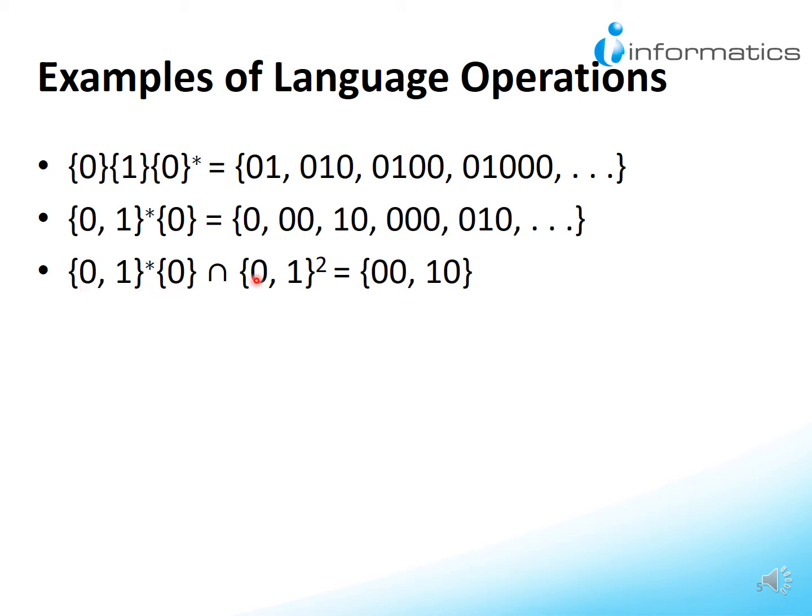The second language is {0,1} squared, which contains strings of length 2. So the intersection means the strings of length 2 that end with 0, which are 00 and 10. These strings have length 2 and end with 0.